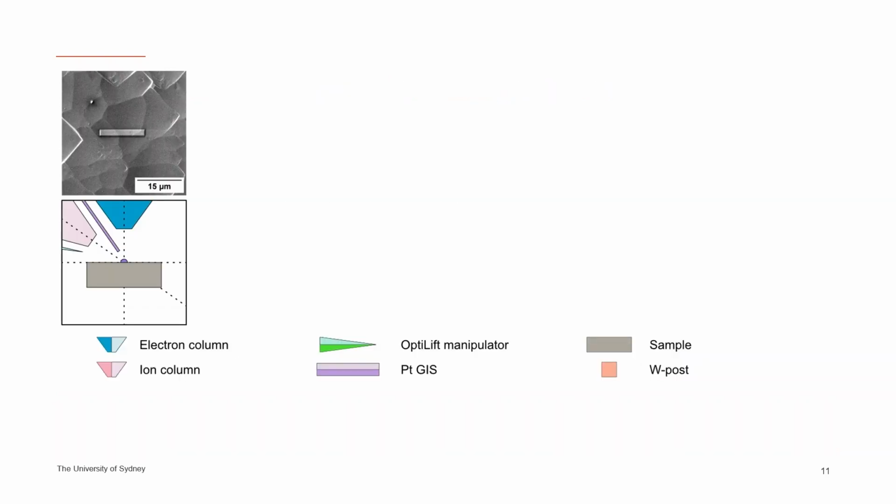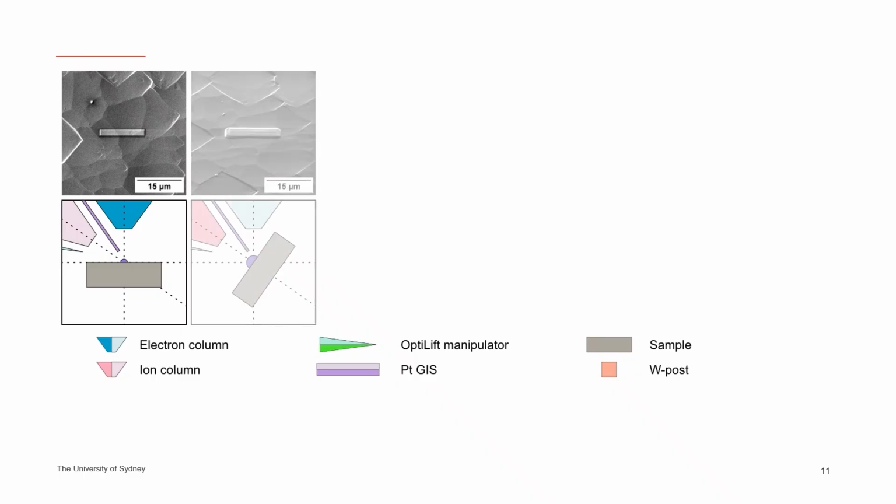For this work, we chose a similar approach to the first case study by protecting a region of interest with an electron beam platinum deposition. However, a smaller batch size was required so that we could restrict the deposition to a smaller area. Again, we would reinforce this platinum deposition with a low energy ion beam deposition, as shown here.